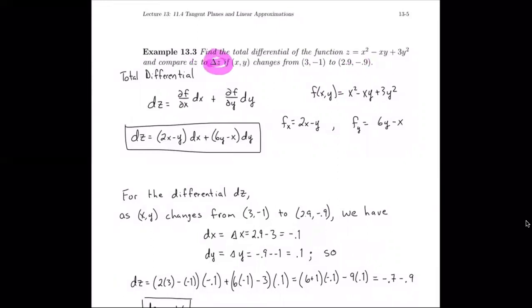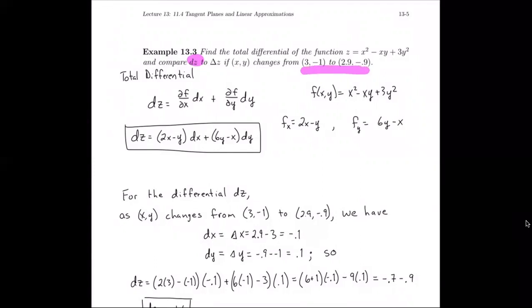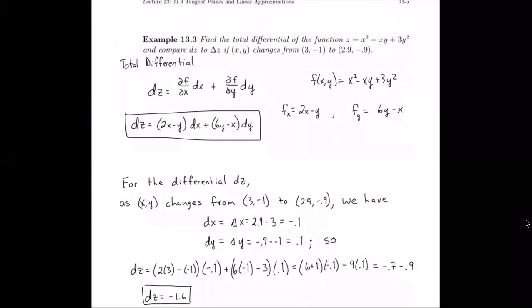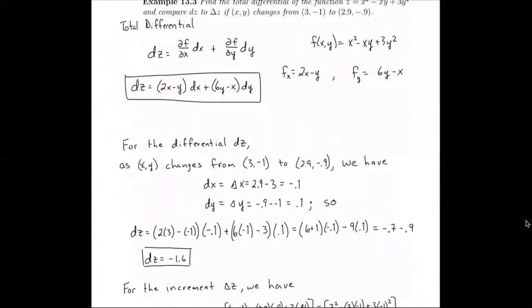Delta z is the actual error, the actual increment or change in z, and dz is an approximate error based on the distance between these two points, the delta x and the delta y, okay? In terms of how we've defined it on the previous page, or decided to use it in linear approximations on the previous page.